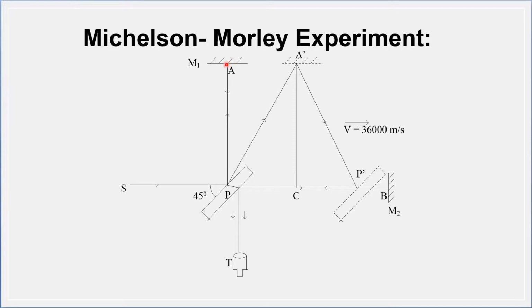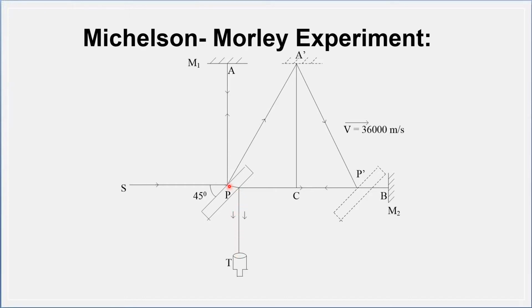Then from this point A, that is from the mirror M1, it will get reflected back along the same path and come to the point P. Then it will pass through that plate and enter the telescope.